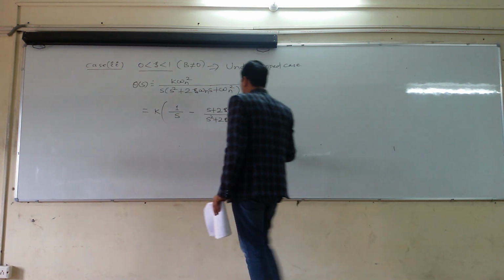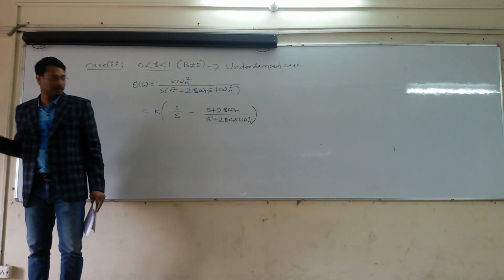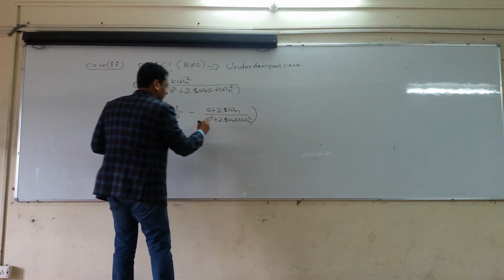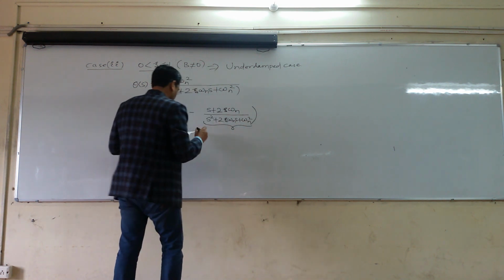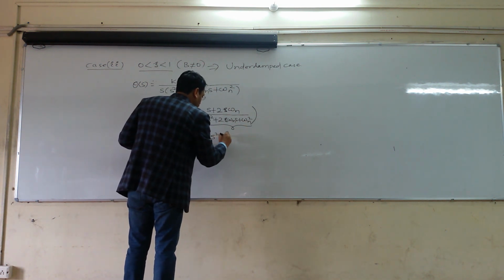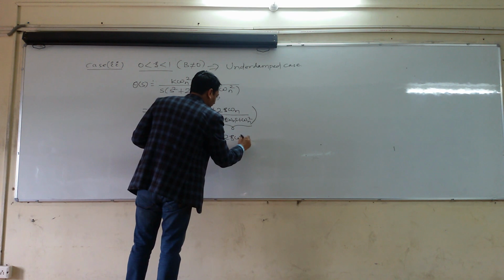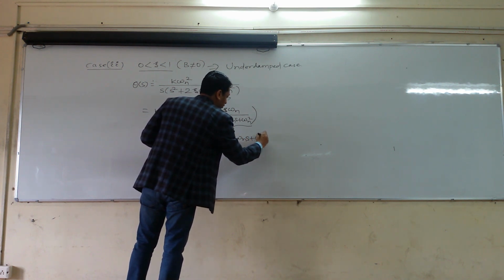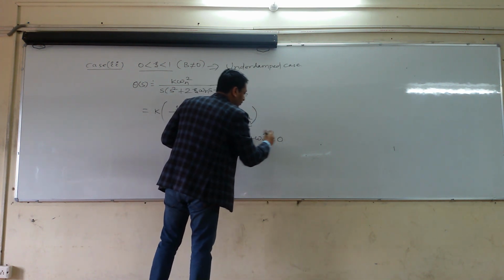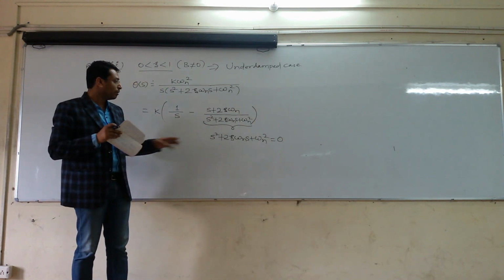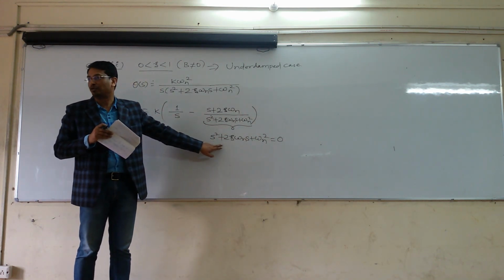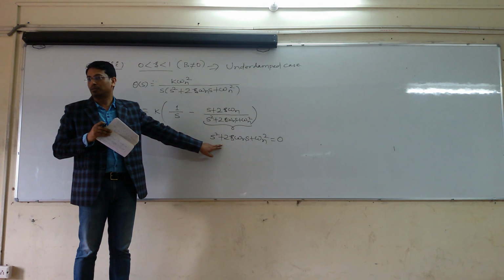Now try to focus on the denominator of the second one. This is what? s square plus 2 zeta omega n s plus omega n square. We want to perform the partial fraction. For this, we need to find the roots of this quadratic equation. And you know the roots of the general quadratic equation ax square plus bx plus c: minus b plus minus root d upon 2a.